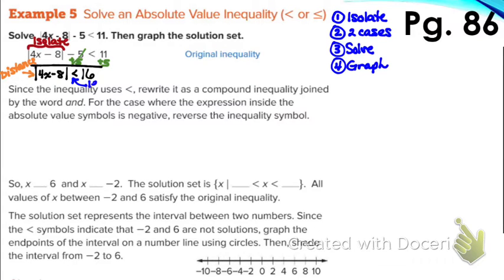Less than. The distance is less than what? Nope, I'm reading this straight across. Absolute value means distance. Distance is less than, what's on the other side? What is this piece right here? 16 units from 0.